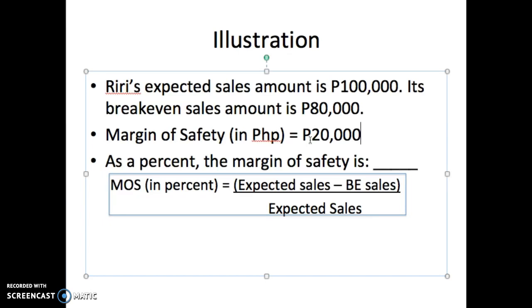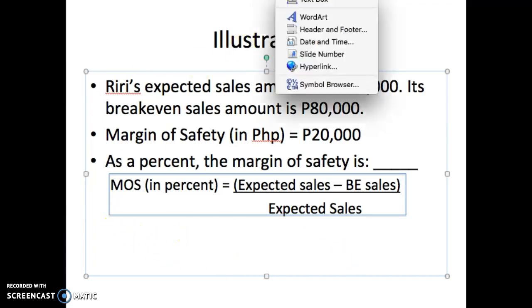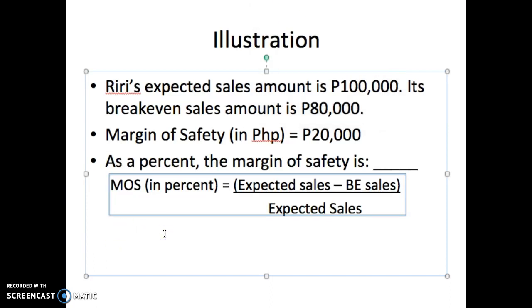And then if you want to present your margin of safety as a percentage, you can follow this formula. We just subtract the break-even sales from the expected sales, divided by the expected sales. If we apply what our case showed us in the previous slide, expected sales amounted to 120 minus your break-even sales, which is 80,000.